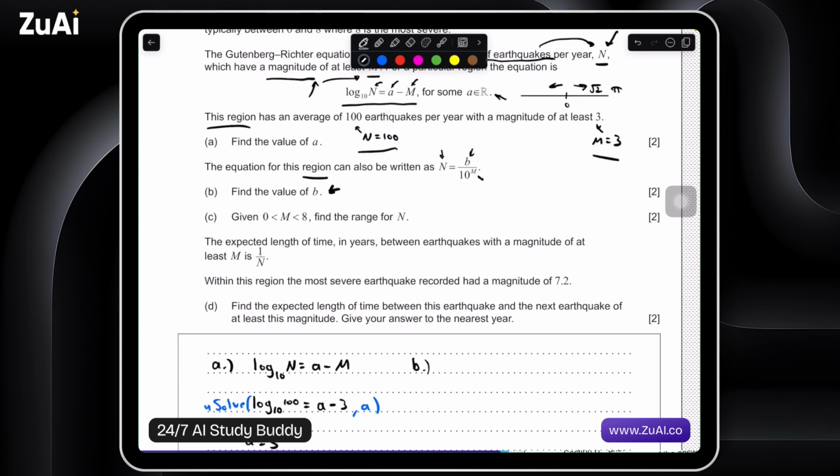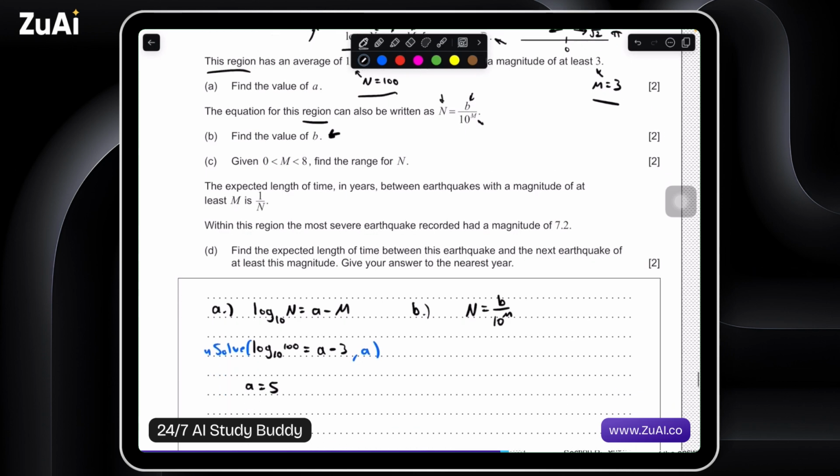Let's write that equation out. n is equal to b over 10 to the m, and n we said was equal to 100, b we don't know, and m was equal to 3. Once again, we can solve for b.